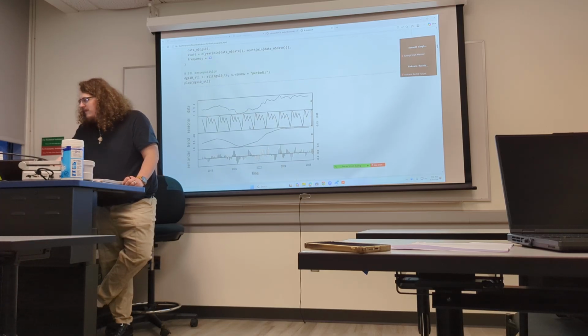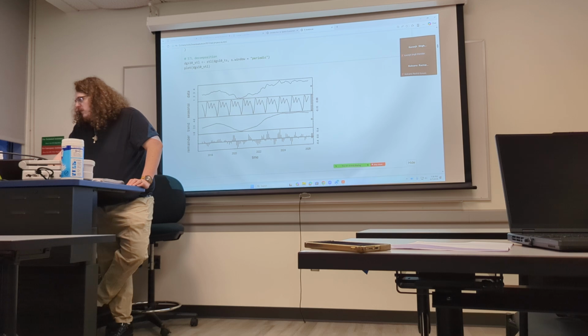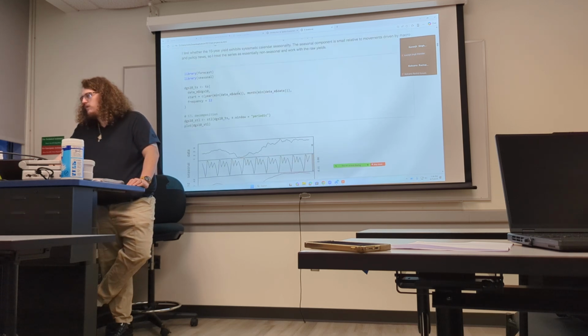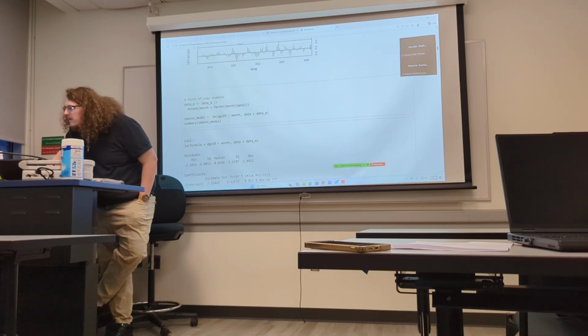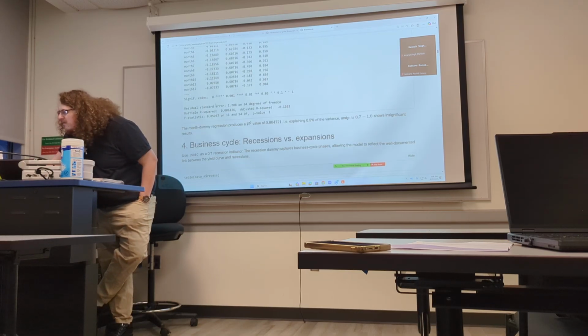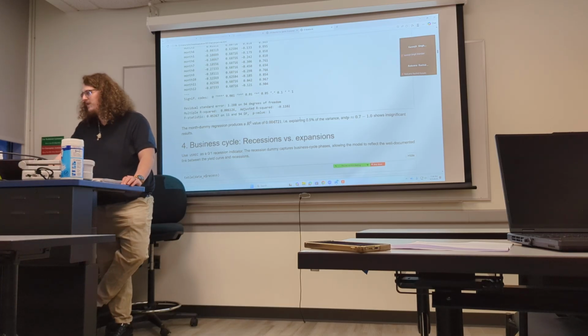I did an STL here, and you can see the seasonality is on a pretty small scale. Yeah, so no seasonality. I think if you differenced once, you get some seasonality. The regression produces an R-squared of about 0.5% of the variance, so there's not really any seasonality.